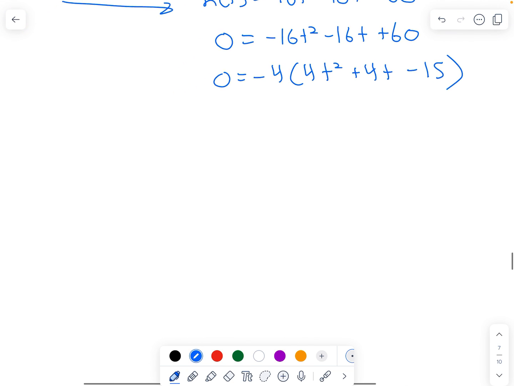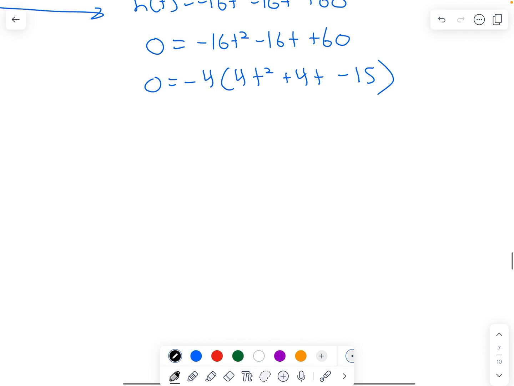Fantastic. So the numbers are a little smaller. Life is a little easier. Target product, target sum. I'm just looking at the quadratic in the parentheses.